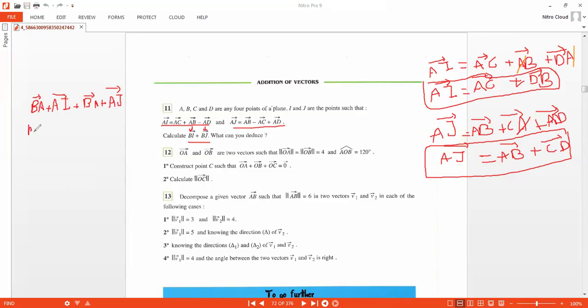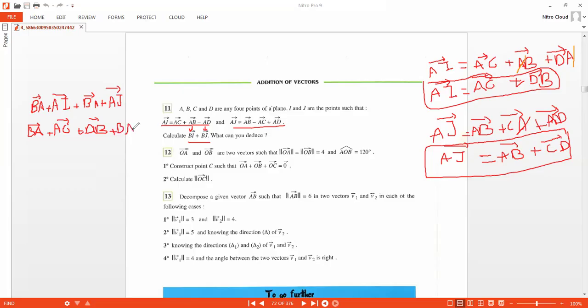It will become bigger, but later on you will see that it will be simplified to the maximum. Instead of AI, I'm going to write AC plus DB plus BA. Sorry for the handwriting, okay? But I'm trying as much as I can.